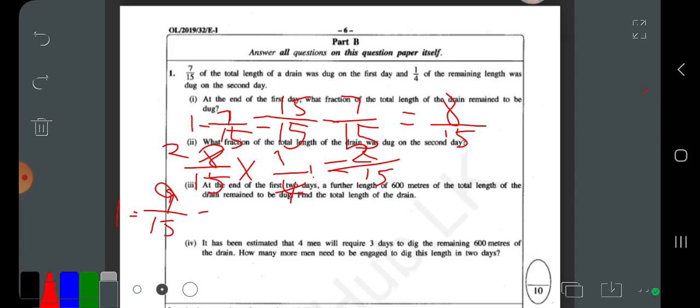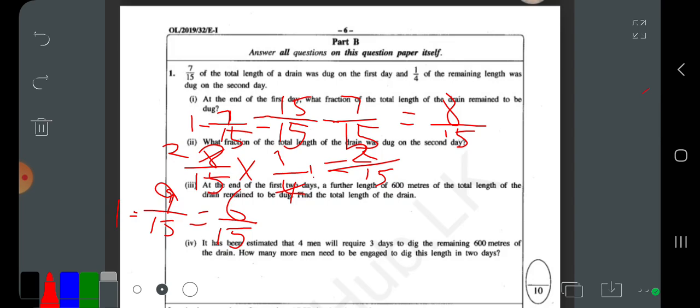The 1 becomes 15/15th, so from 15/15th you should subtract 9/15th. From 15, 9 goes, so 6 will remain, and the same denominator will come in the answer.